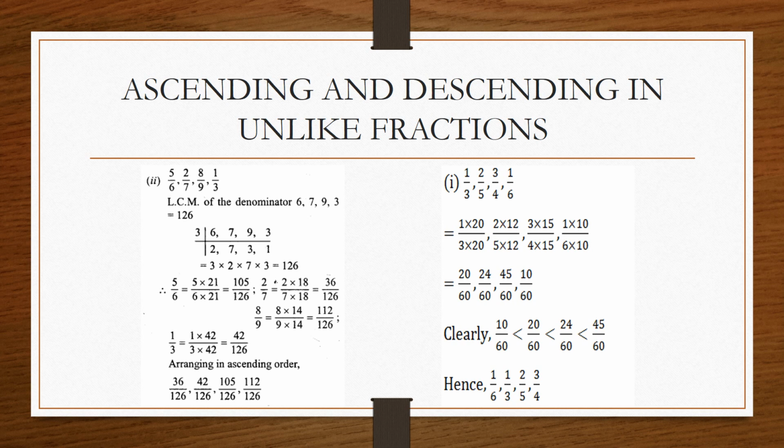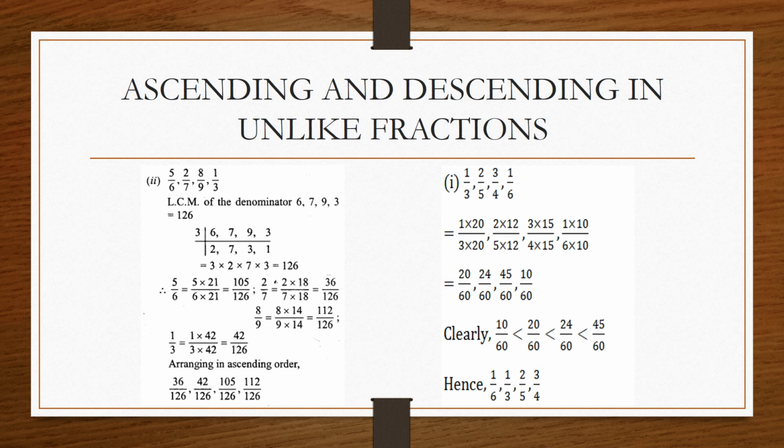So 36 by 126 is the smallest, since the denominators are the same. Then 42 by 126, then 105 by 126, then 112 by 126. And then in the answer, you can just see the fractions and write according to the fractions given.